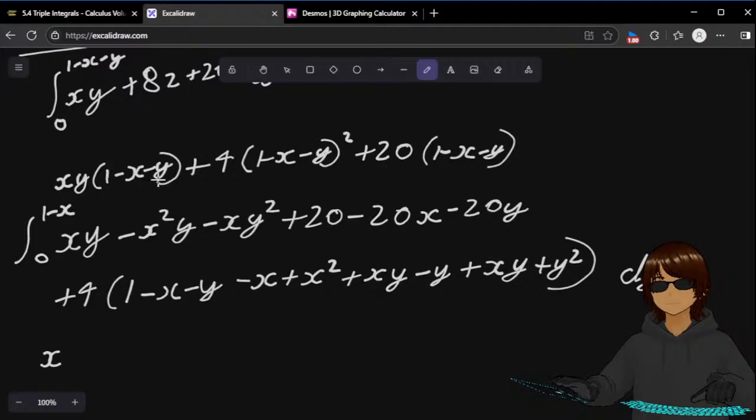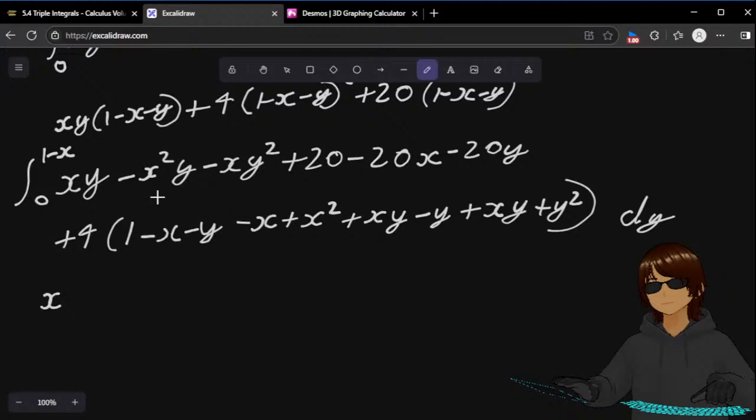I think there's a better way to simplify all of this. Instead of y, I will write 1 minus x squared.